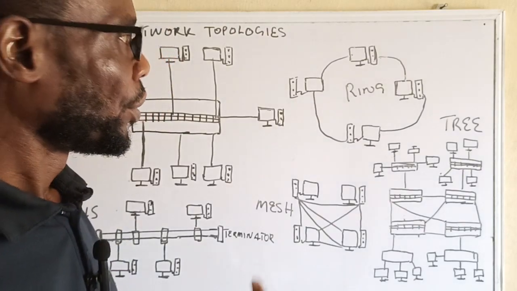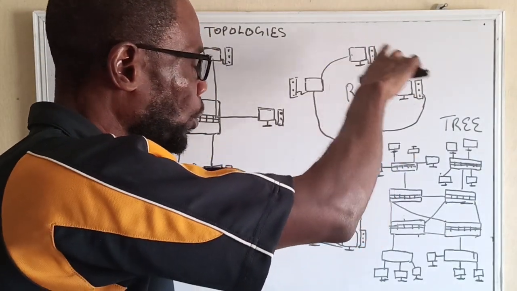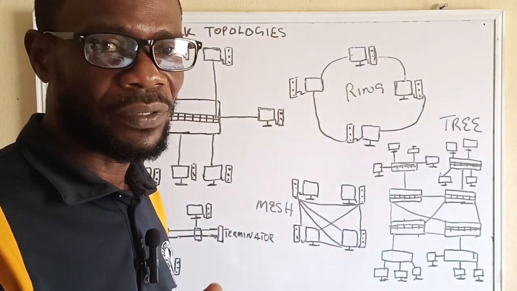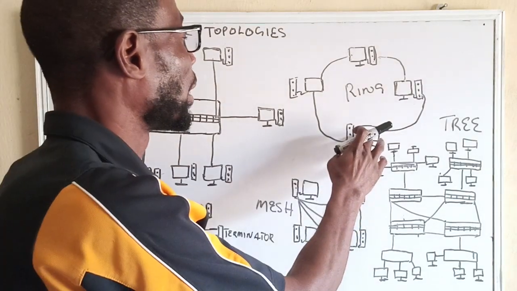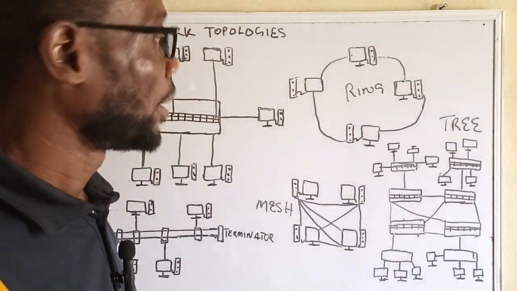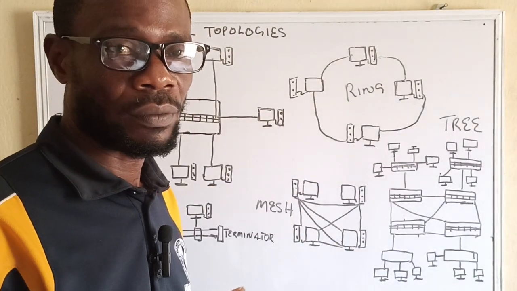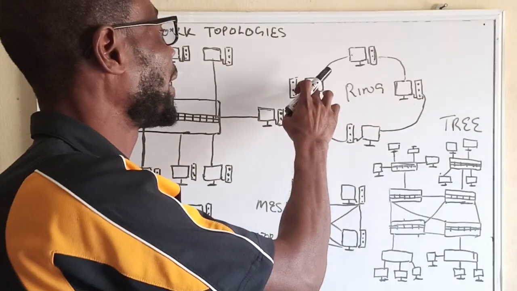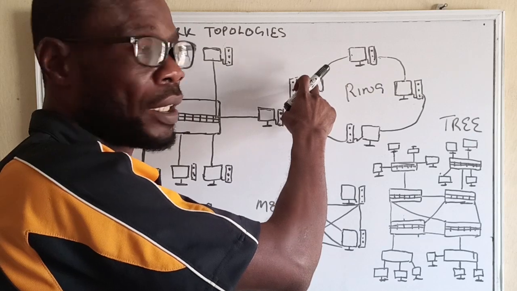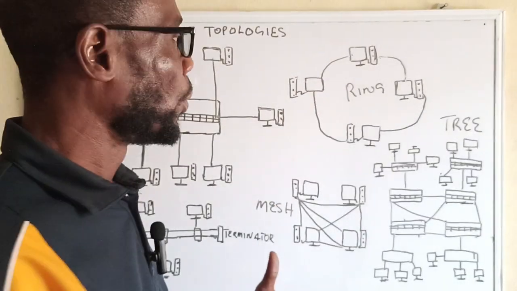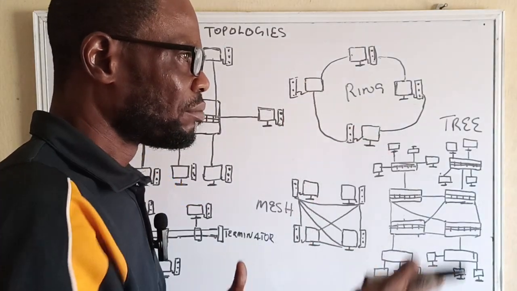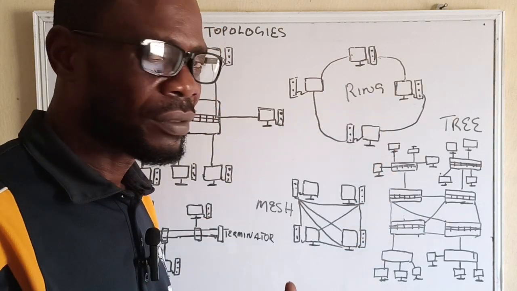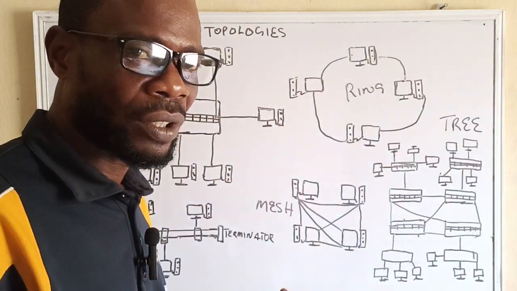The token passes around, looking for any computer that wants to transmit a file or data. Let's say this computer wants to communicate with this computer. It captures this token, and when it captures the token, it uses it to deliver the file to this one. Even this too, there's a token passing around in a circular formation.